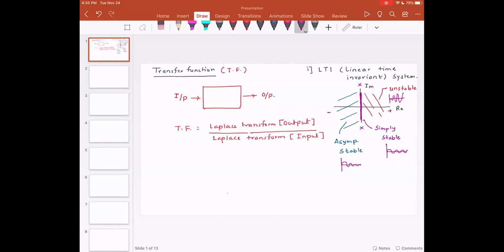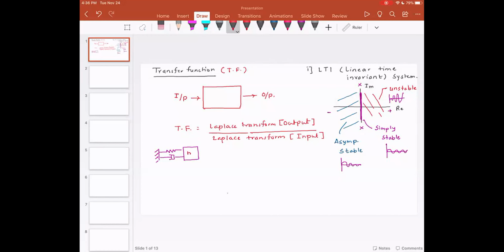So what I want to do is, at this point, take a very simple example and see how we find out the transfer function. So let me write the system in the time domain. This is the same system that we talked about, the second order system that has spring, mass, and damper.